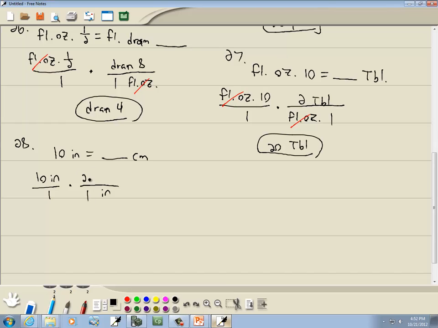So 1 inch is 2.54 centimeters. Inches cancel. And we got 10. I hate decimals, otherwise I don't need to plug that in. It's 25.4. 25.4 centimeters.